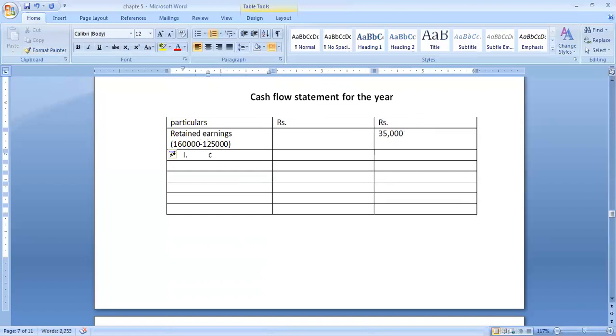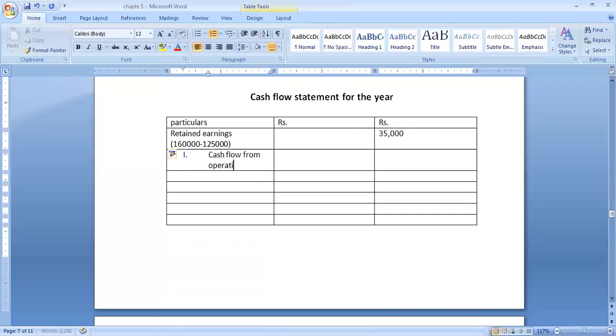Okay. Now take all the information. So which are the information that you need to consider? Cash flow from operating activity. Okay. Take the cash flow from operating activity. So very important this one for calculating the activity. So you need to take the cash flow from operating activity, investing activity and the financing activity. So which are the cash flow from financing activity?